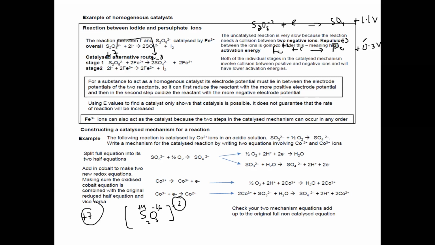So when you check which one has a tendency to gain electron easily, this one has the tendency to gain electron.